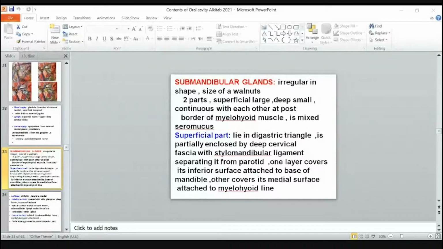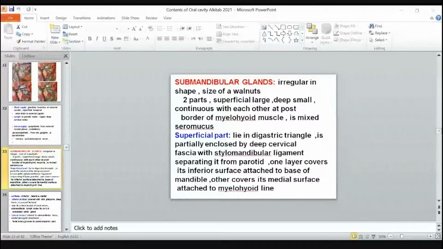It's partially enclosed by deep cervical fascia with the stylomandibular ligament, separating it from the parotid gland. One layer covers its inferior surface and is attached to the base of the mandible. The other covers its medial surface, attached to the mylohyoid line. It forms a false capsule for the submandibular salivary gland.